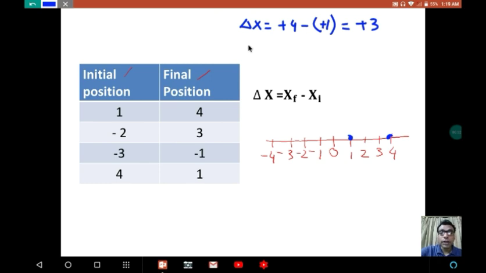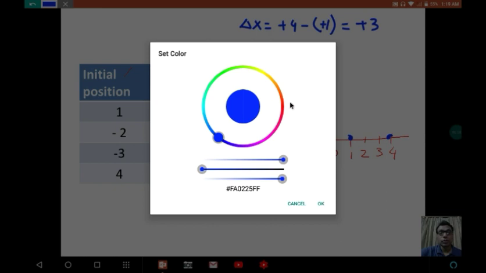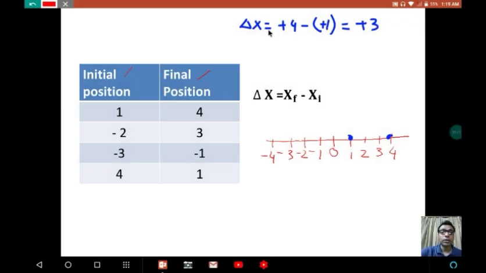Now coming to the second case, the object is initially at minus 2 and reaches the point 3. So it is at minus 2, at this point, and reaching the point 3. What is the displacement in this case? The displacement is final minus initial, that is plus 3 minus of minus 2, which comes to be plus 5.